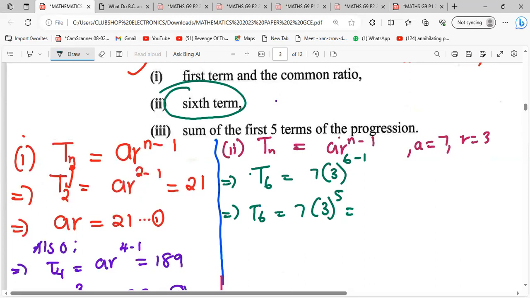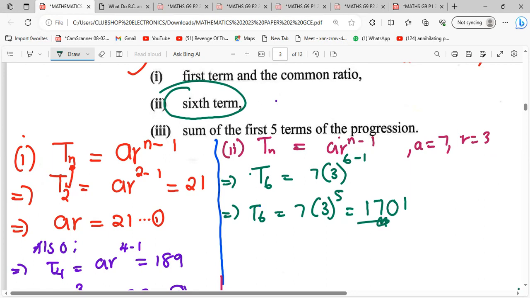Right, and eventually you get 1,701. Got it.